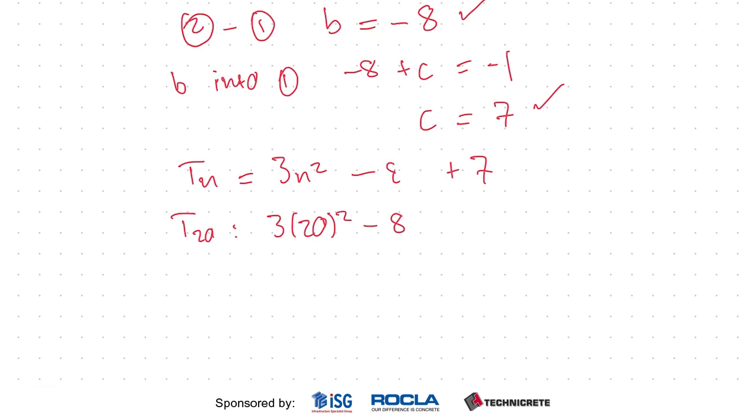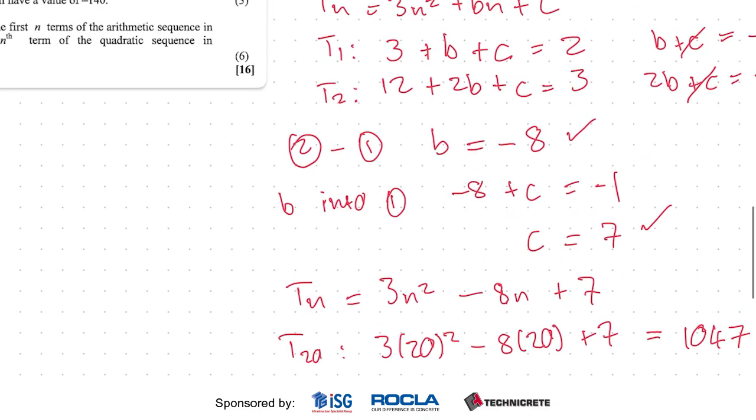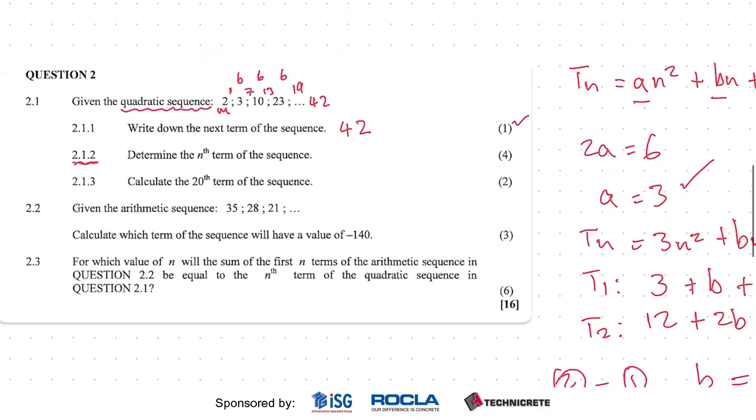Apologies, this should be n. Honestly, you can just plug this into your calculator and you should get 1047. Okay, good. That's 2 marks.